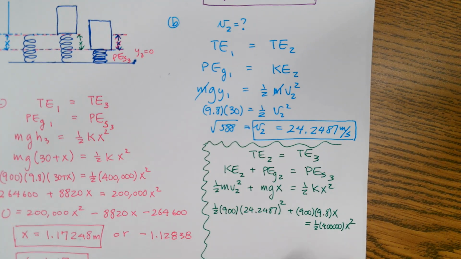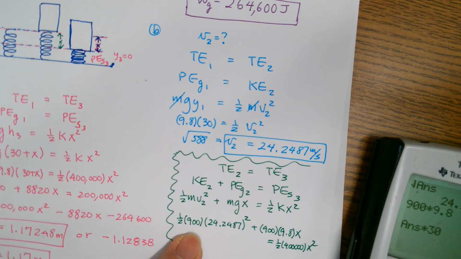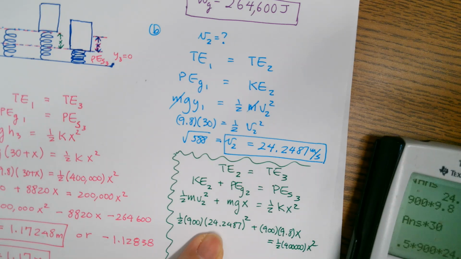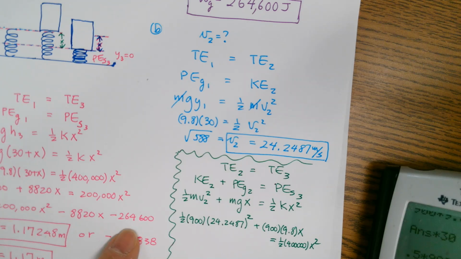And if you work this out, let's see what you get. You get 0.5 times 900 times 24.2487 squared, and I get very similar to this number right here.